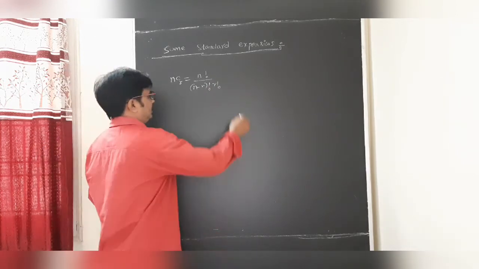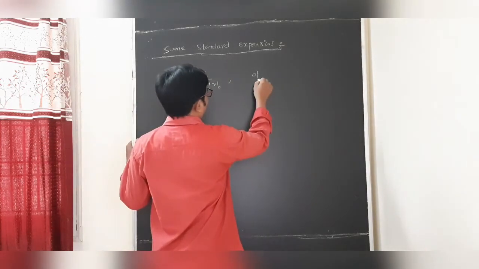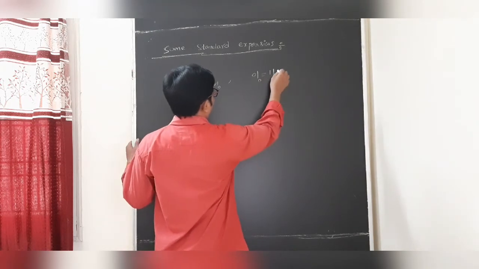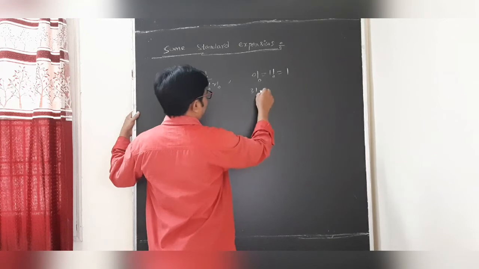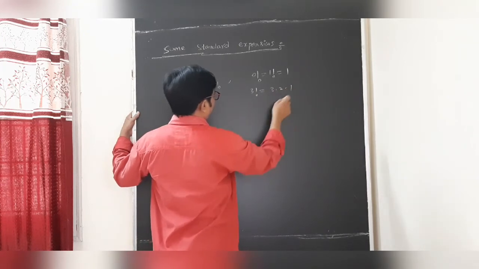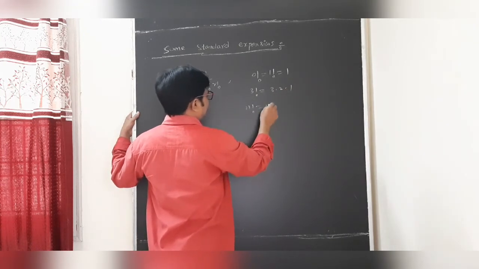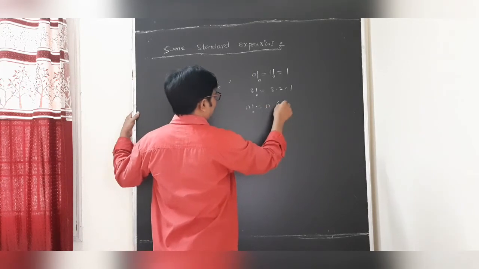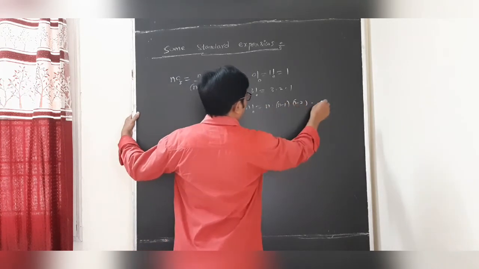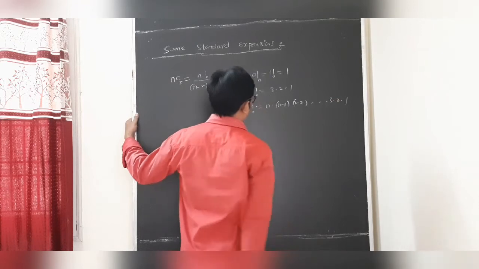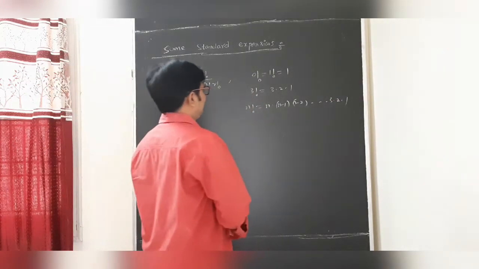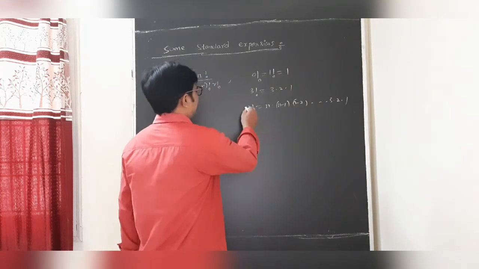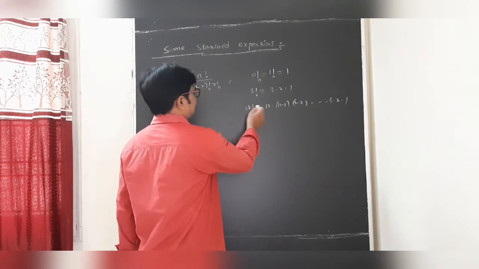And also 0 factorial and 1 factorial are both equal to 1. Suppose 3 factorial, yesterday I explained, is 3 into 2 into 1. Suppose n factorial is there, n into n minus 1 into n minus 2 and so on, down to 3, 2, 1. Is it clear, students?